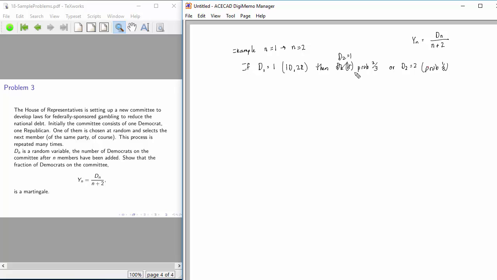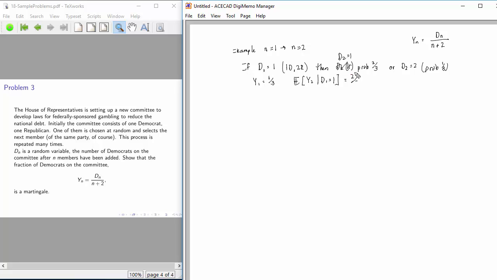Okay, what do we have to check? We have to look at Y1, which is equal to 1/3, and compare that with the expectation of Y2 conditioned on D1 equals 1. Only one Democrat.